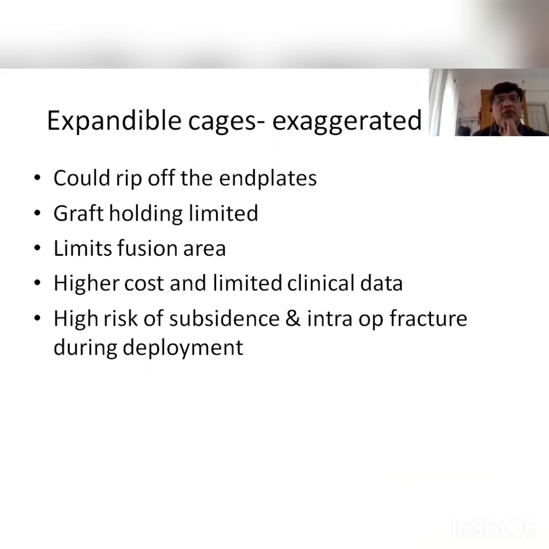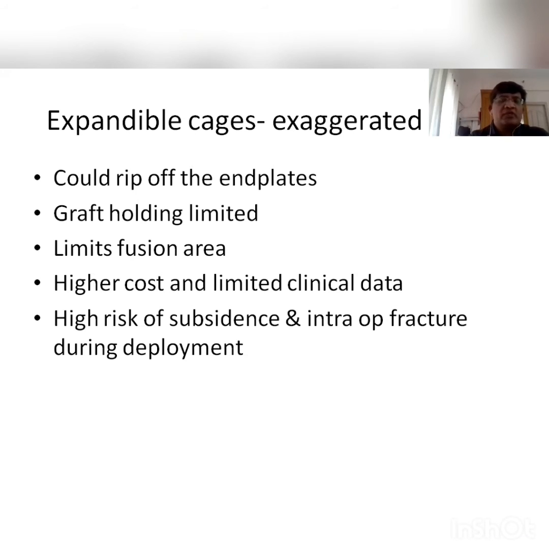Now, what I want to convey with this talk is that the expandable cages come with a lot of exaggerated utility. We know how careful we are when we do the conventional or open TLIF in osteoporotic patients. Even when we use the shavers, we try to be very slow and make sure that the end plates don't get stripped off by the shavers.